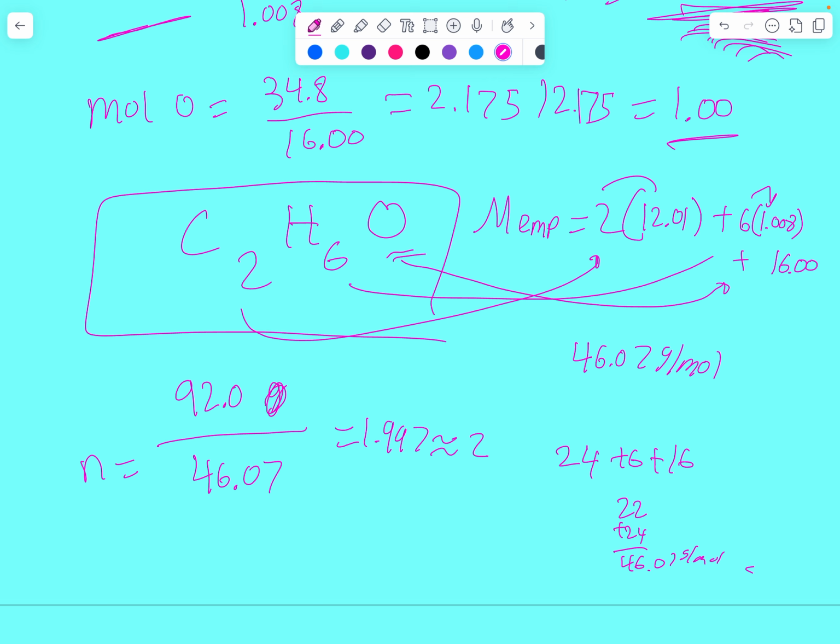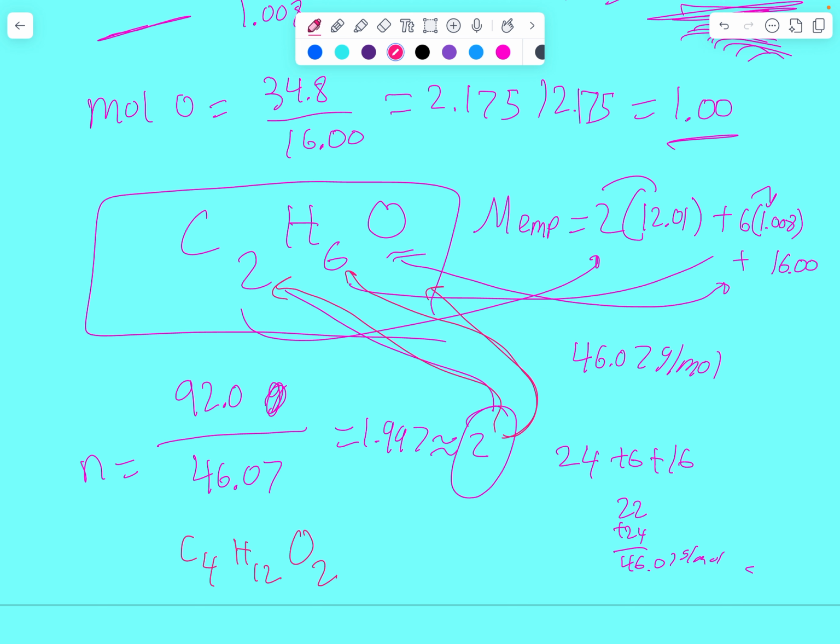and now I have to multiply everything by 2. What is 2 times, let me use a different color. What is 2 times 2? C4, because 2 times 2 is 4. What is 2 times 6? 12. What is 2 times 1? 2. All right?